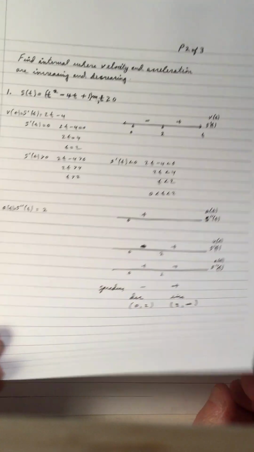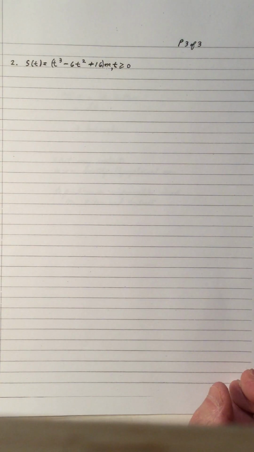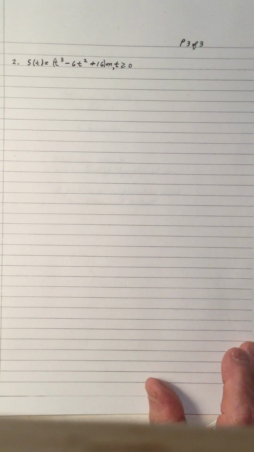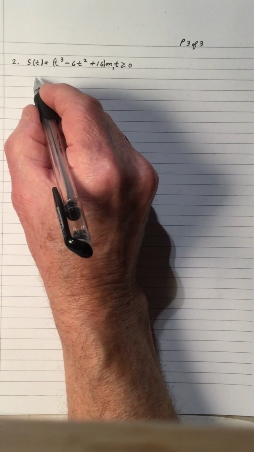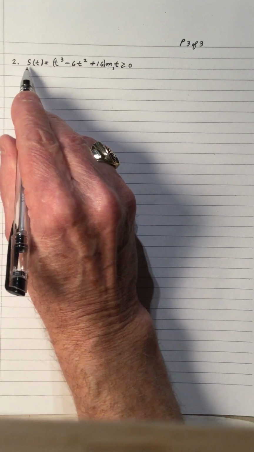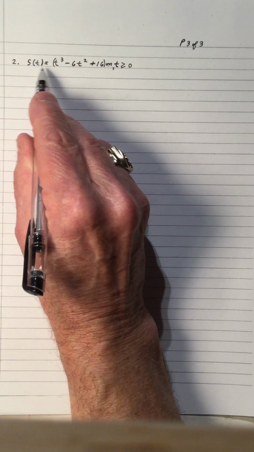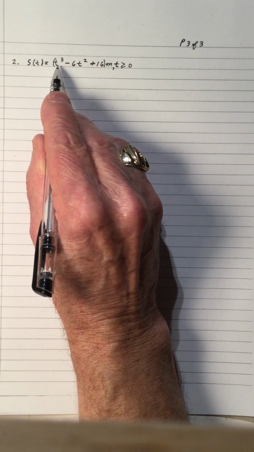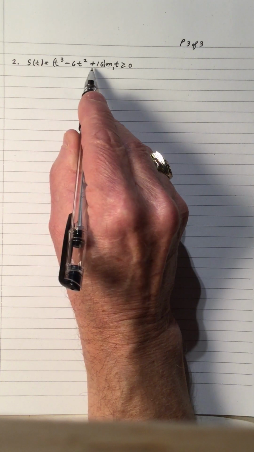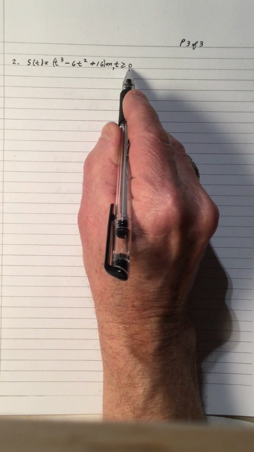Okay, that's one example. Let's look at another example. This time we have a cubic. s of t is a position function: t cubed minus 6t squared plus 16, with t greater than 0.